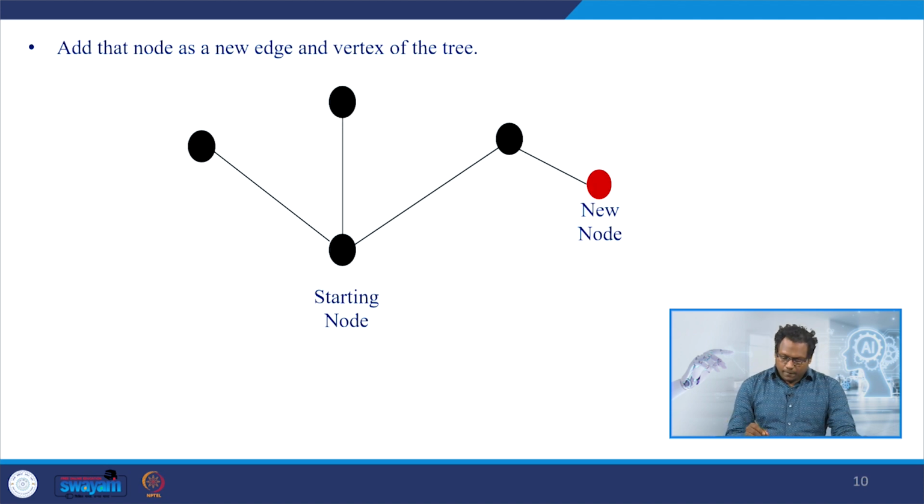Then connect this new node as a vertex and edge of the tree. So, this is the tree shape now.